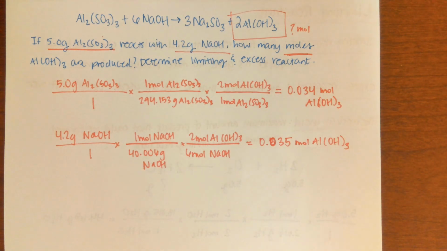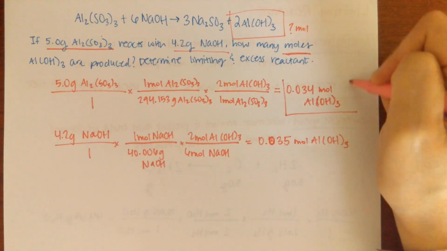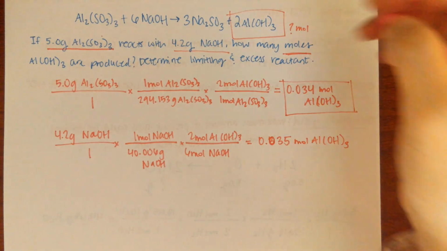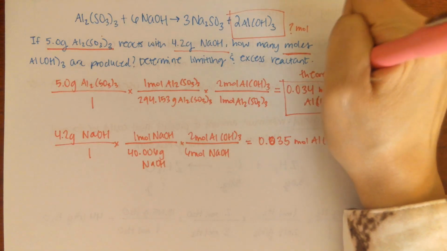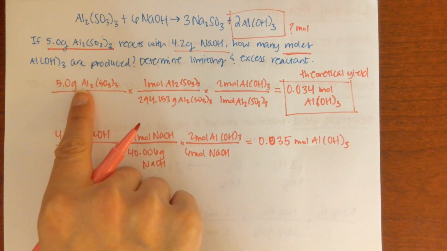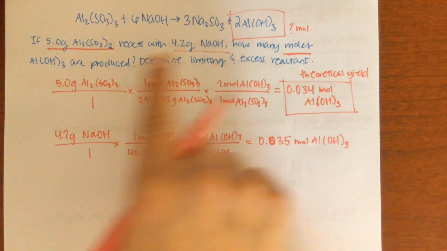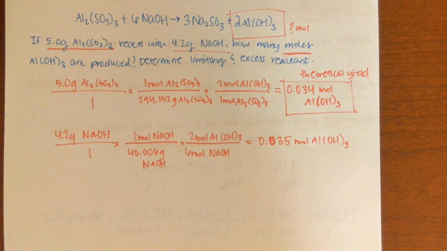So you should have gotten these 2 responses. It's pretty dang close with your answers here. But technically, this is slightly smaller. The 0.034 moles of aluminum hydroxide is my theoretical yield, and this basically answers the question, how many moles of aluminum hydroxide are produced: this much, 0.034 moles.